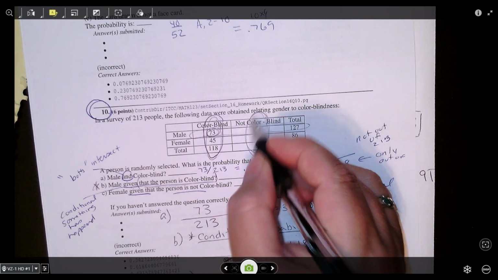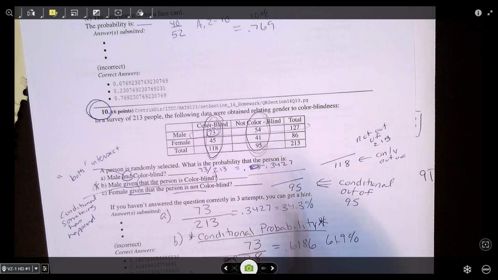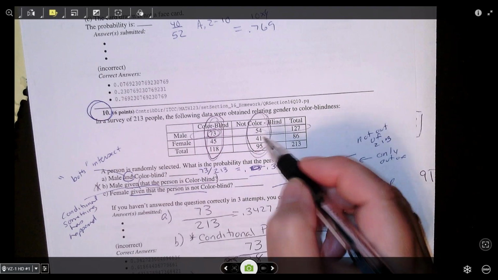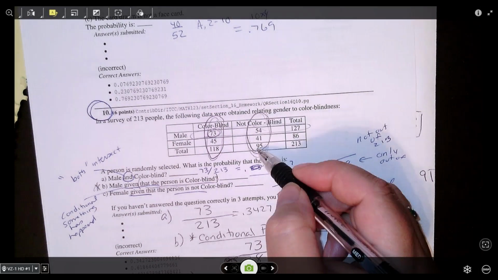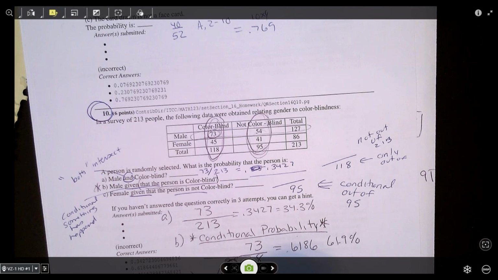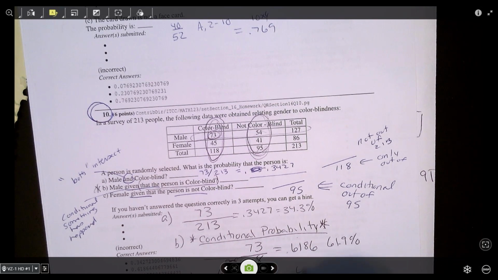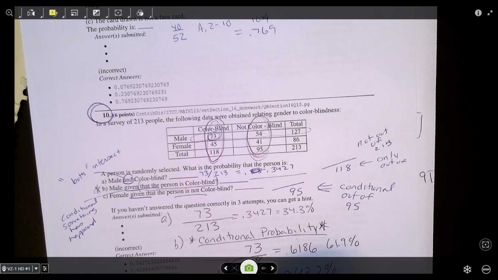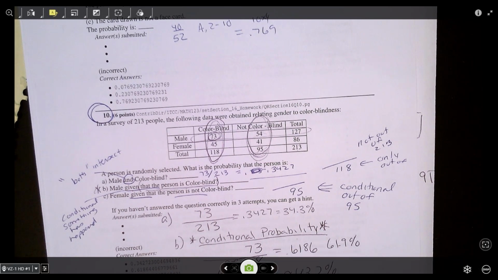So this time we are selecting from the not colorblind. So our denominator is 95. What's the probability from this 95 of picking a female? So it's 41 over 95, 0.4316, 43.2%.